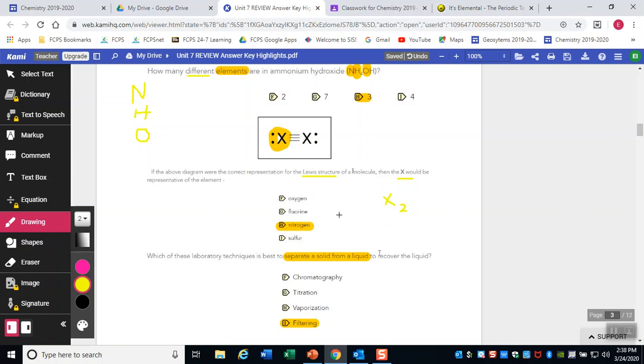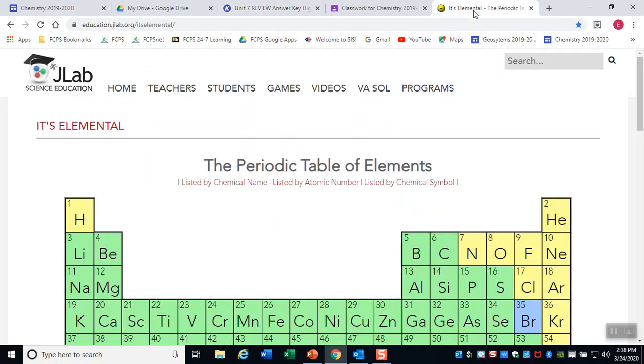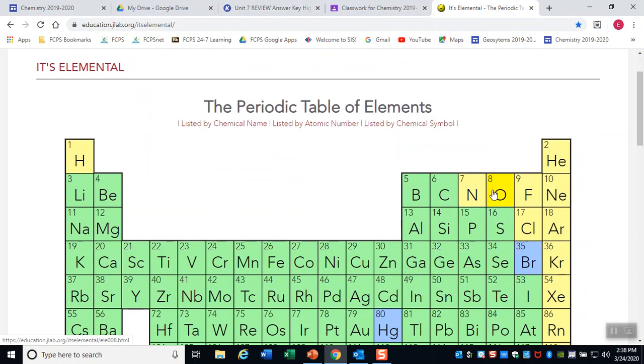So I'm going to count up how many electrons are in the outer shell. So there's 1, 2, 3, 4, 5. So looking at the periodic table, which one of these has 5 valence electrons? 1, 2, 3, 4, 5. Nitrogen has 5 valence electrons. Oxygen has 6.